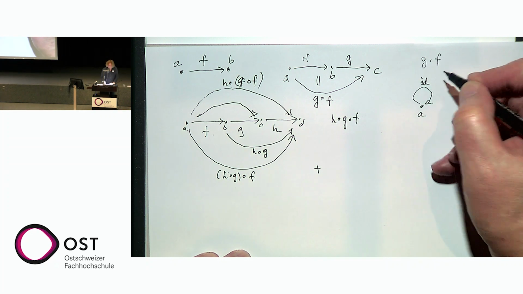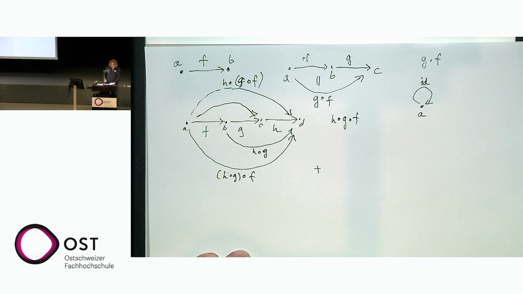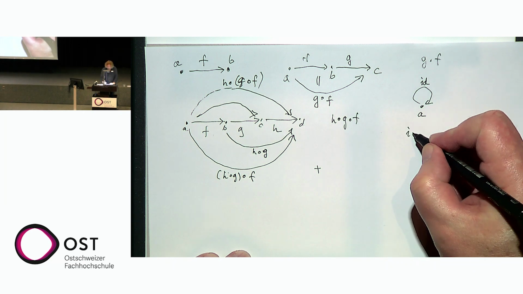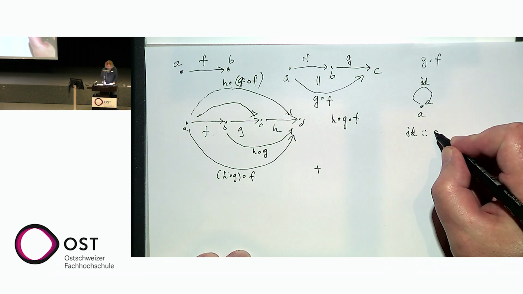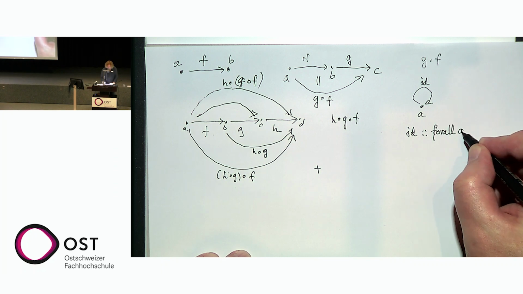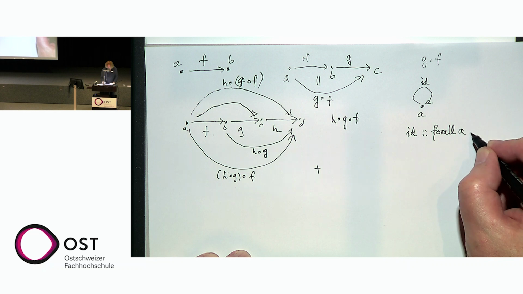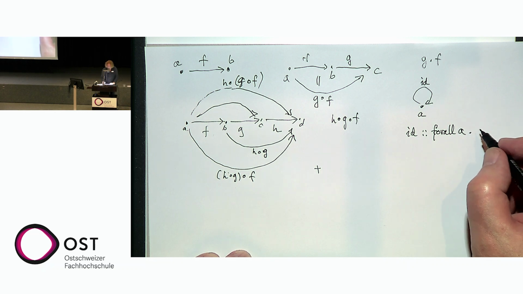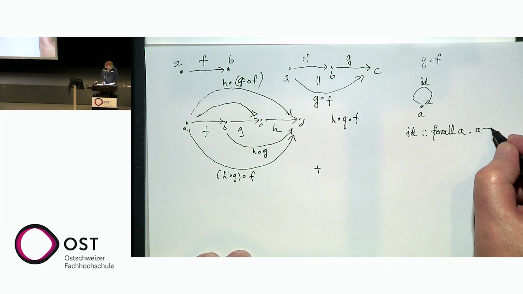It's called ID. Now, in Haskell, we implement this as ID, going, well, we can actually say for all A, because it's defined for all types. Every type has this arrow, okay? It goes from A to A.